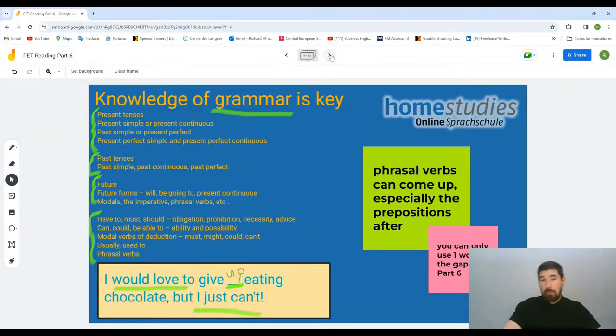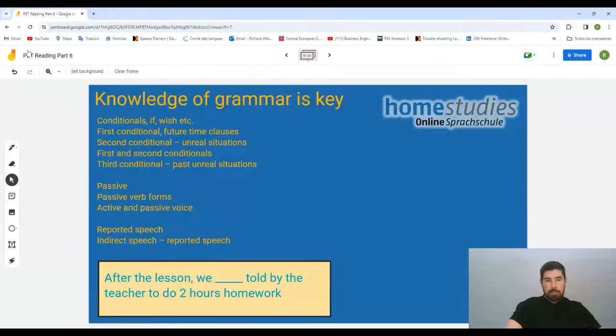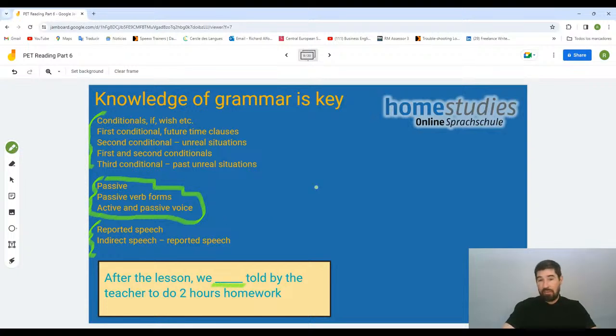Some more of the typical grammar. Conditionals, let's change that actually. Let's do that with a marker. Conditionals, the passive form, and reported speech are also grammar points that you need to know. Now, I'm going to give you a clue here. Our gap here is related to the use of the passive. So if we look at our before and after, we can see we've got we here.